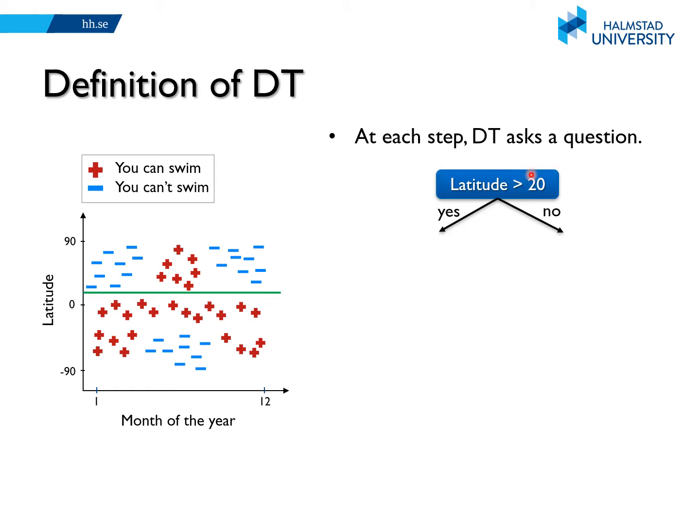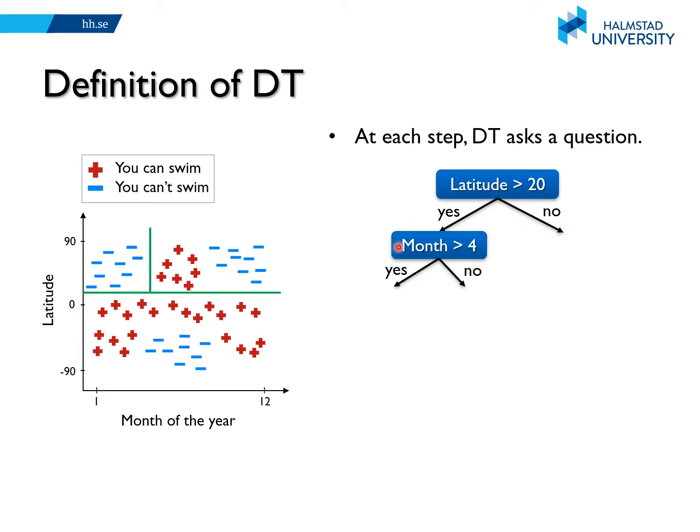So we are asking this question, is latitude larger than 20? And this splits the space into two regions. So this region and this one. This one contains all the data points where the latitude is larger than 20. And this one contains all the data points where the latitude is less than 20.